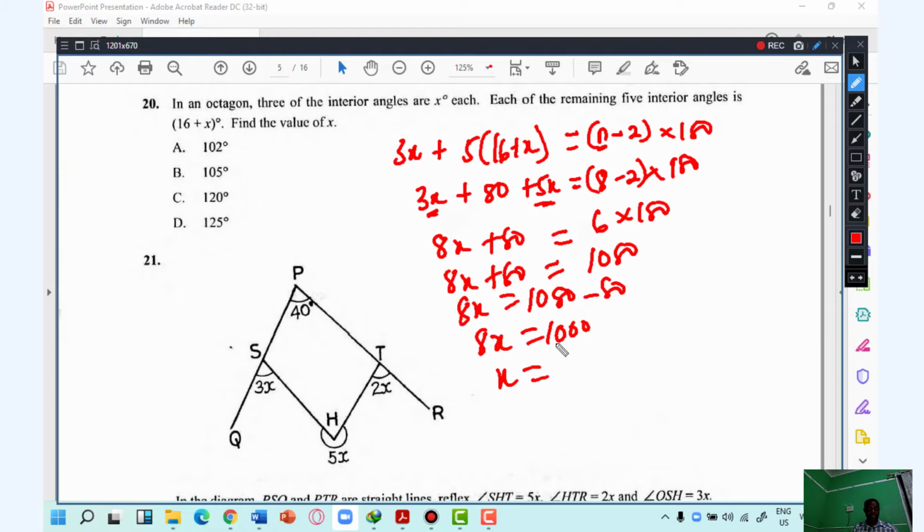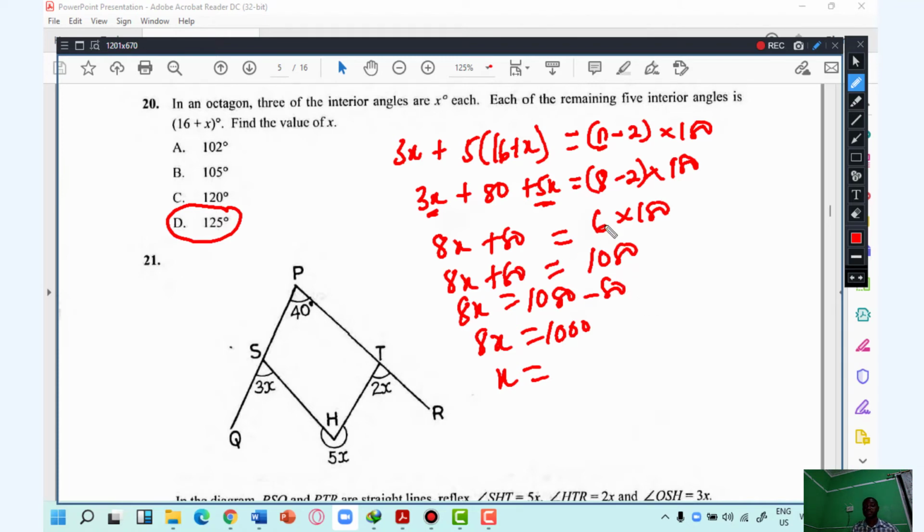So the answer, let's see, 1000 divided by 80. Good. The answer will give us 125 degrees.